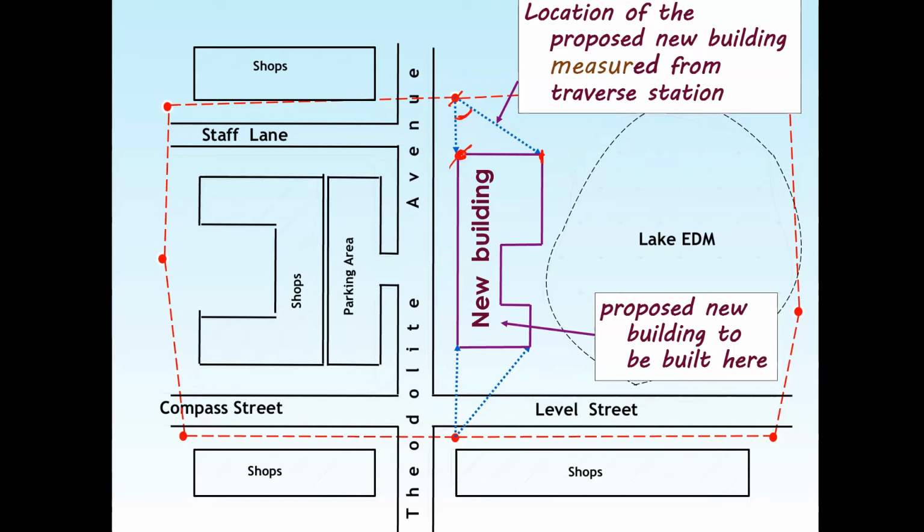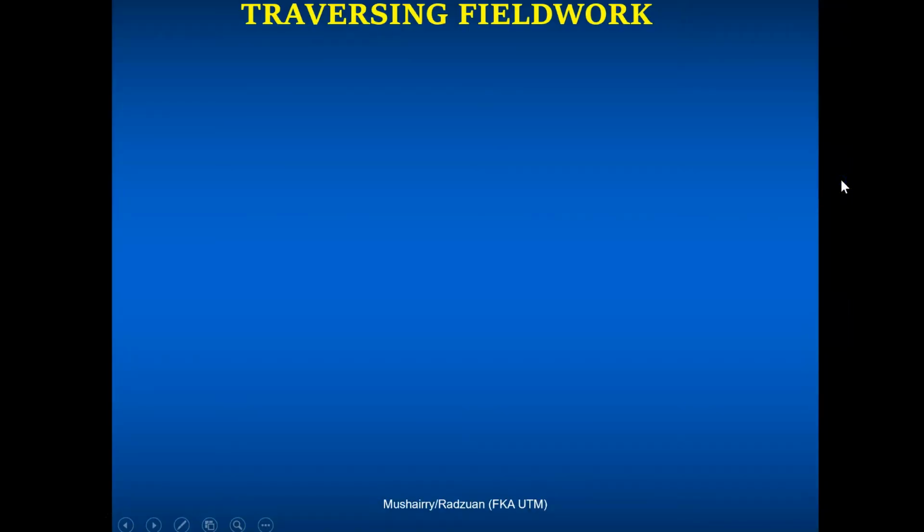So setting out, this is basically what we mean by setting out. Setting out is basically a reverse of producing a map. So this is from the map to the ground. That's why we need traverse stations, why we need control points, why we need to perform traverse, to provide control for the work during construction.